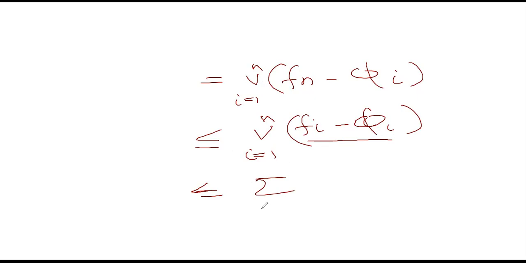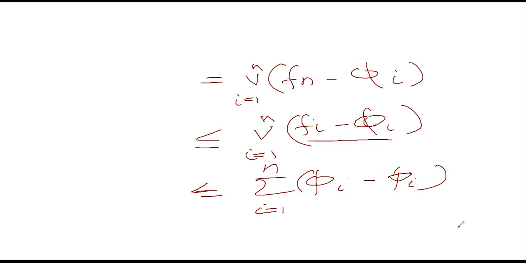The sum must be greater than or equal to the join. It's like this: suppose you take the maximum of 2 and 3, that's equal to 3, but the sum is 5. The maximum of 2 and 3 is always less than or equal to their sum. So you are taking the maximum of n non-negative numbers, and this maximum will be less than or equal to the sum of these n numbers.